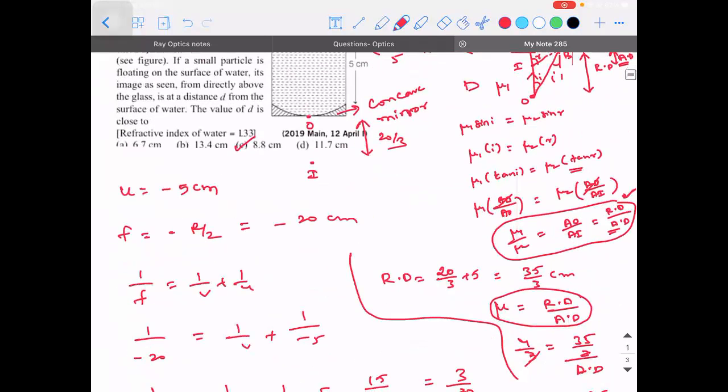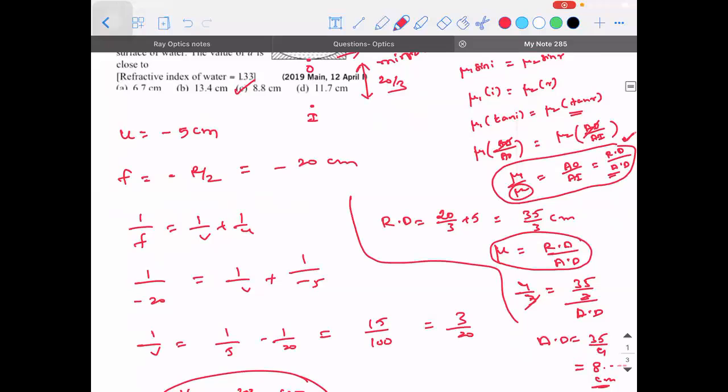If I take mu2 to be 1, mu1 is equal to RD divided by AD. So real depth is 35 by 3. Apparent depth is what they are asking. And refractive index is 1.33, which is nothing but 4 by 3. That's why I wrote it. Okay, sir.